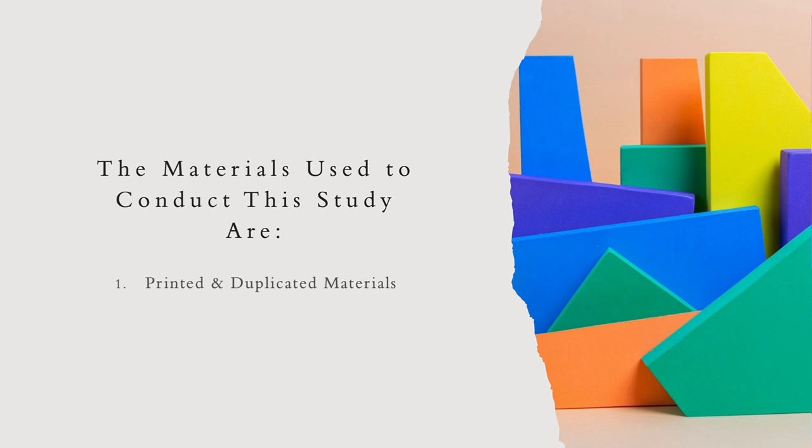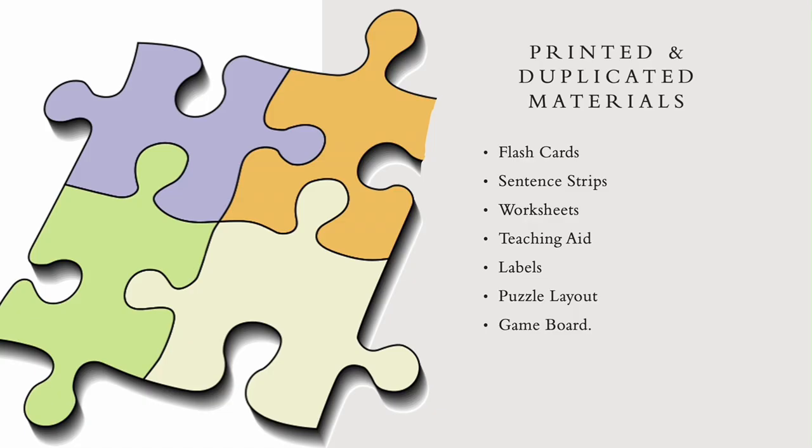Now, for this study, I used two sets of material, those that were printed and duplicated, and those that were non-printed materials. Some of the printed materials included flashcards, sentence strips, worksheets, teaching aids, labels, puzzle layout, and my game board.